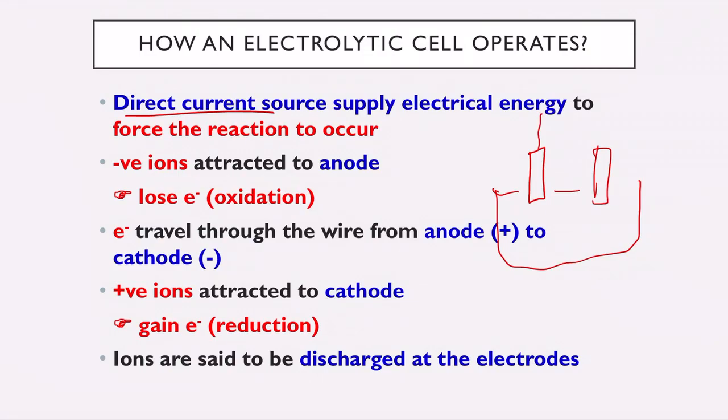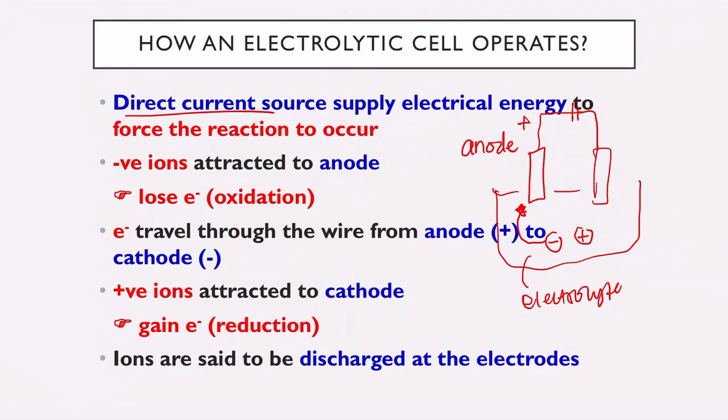Your anode will be the positive terminal. So whatever negative ions is in your electrolyte will be attracted to your anode. So anode, remember, is the positive terminal.